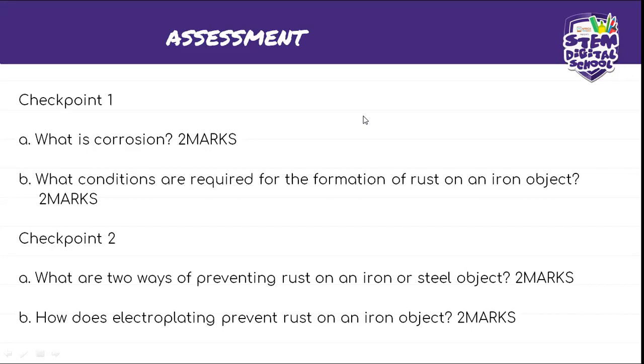The rest of you should send in your thoughts. Rina, please check your definition for A, what is corrosion? And then Amraha as well. Your B is fine.